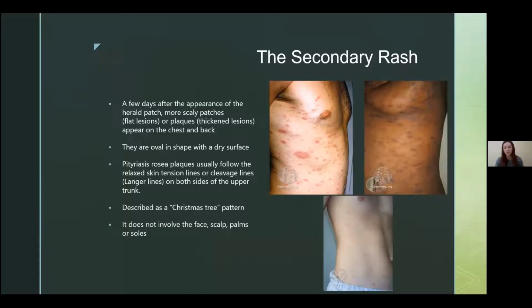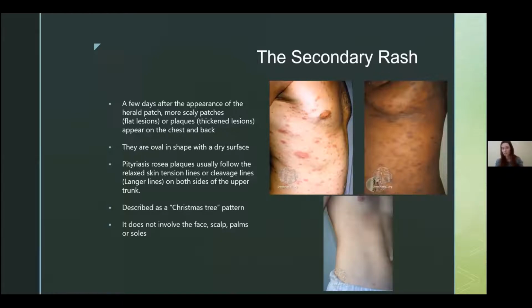So as I mentioned, it's important to note this particular pattern because that will be on exams as well. And usually it doesn't affect the face, scalp, palms, or soles. And that's an important thing to take into account when you see a patient.